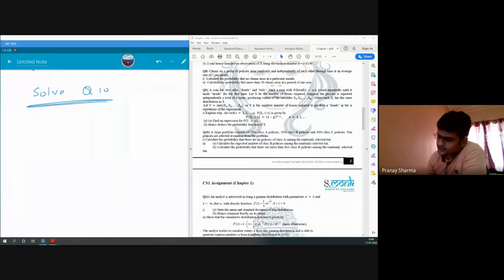So question number 10 says a large portfolio consists of 20% class A policies, 50% class B policies, and 30% class C policies. 10 policies are selected at random from the portfolio. Calculate the probability that there are no policies of class A among the randomly selected.